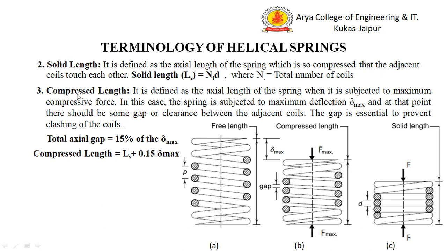Second is the compressed length. In practical case, there must be some gap or clearance between the adjacent coils at maximum loading condition. This gap is essential to prevent the clashing of the coils.